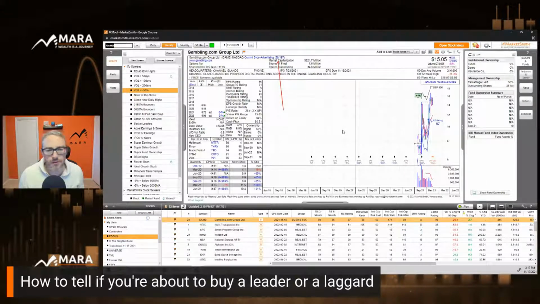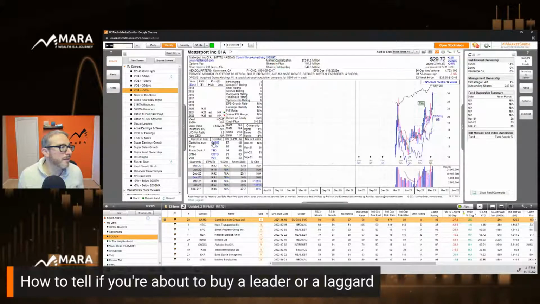But what else? How do we know if it's a leader or a laggard? Well, one way is to take a look at some of the other names in the group. That's part of what I like MarketSmith for too. They tell you some of the top names in the group. So just flip through some of these names and see where they happen to be at. Are you buying the leader or are you buying the laggard?